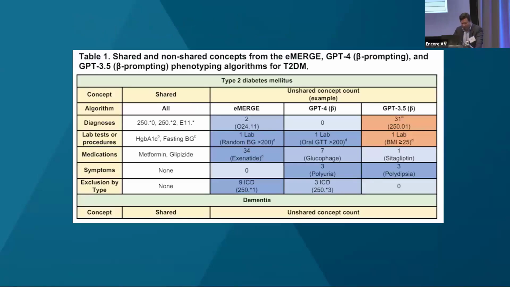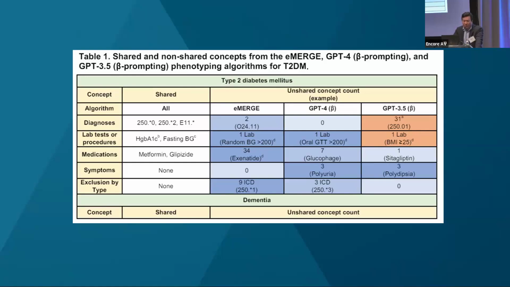This shows the features that have been identified by different large language models, and the shared column. You can see the majority of the important features can be identified by both ChatGPT-4 and ChatGPT 3.5, like the diagnosis, what lab tests they use, and the major medications.